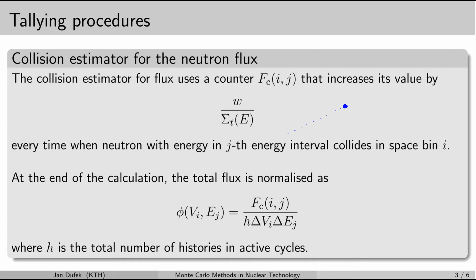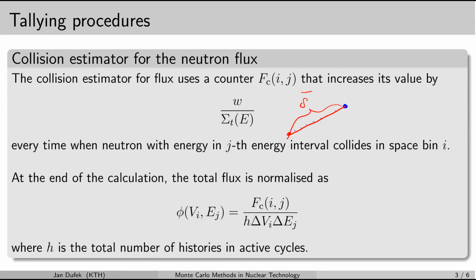So it's going to take the mean distance between collisions, and this is multiplied by the statistical weight of the neutron. Remember, all the results need to be always compensated, so we need to multiply by the statistical weight.